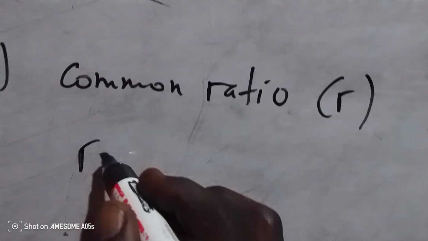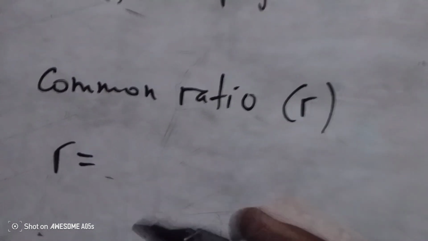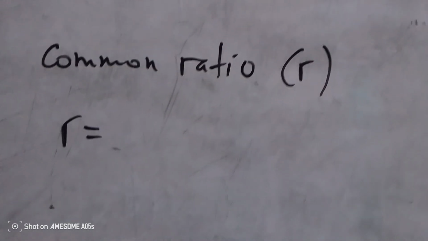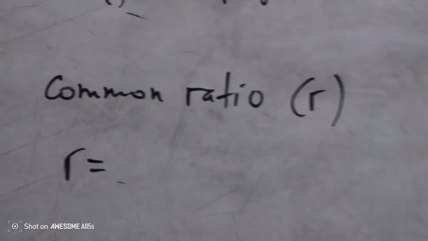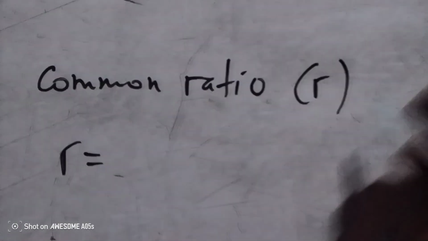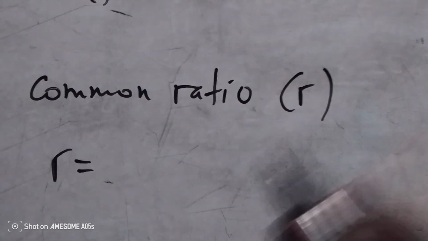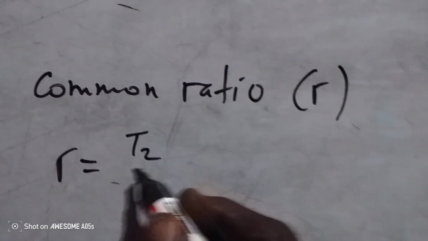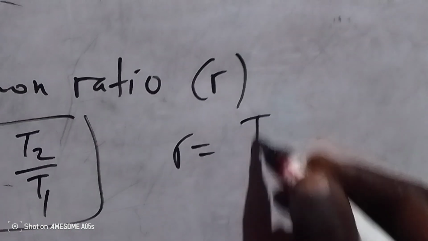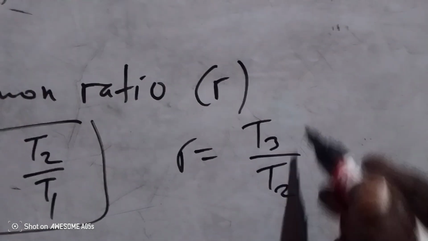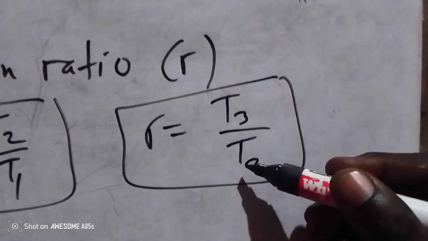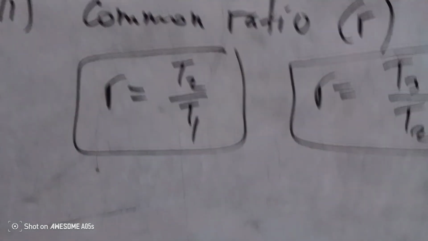But there is a formula, which says the term in front divided by the immediate behind term. That is how we find the common ratio. So I can take advantage of T2 divided by T1. It's the same as T3 divided by T2. As long as I pick the term in front divided by the immediate behind term, the answer will always be the same.